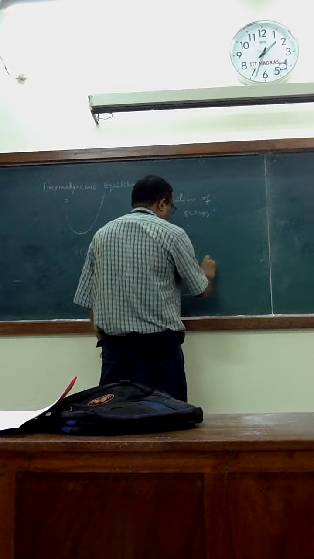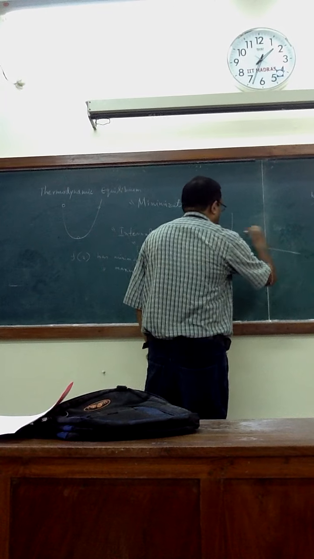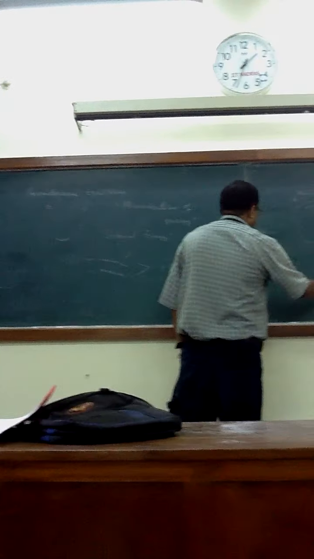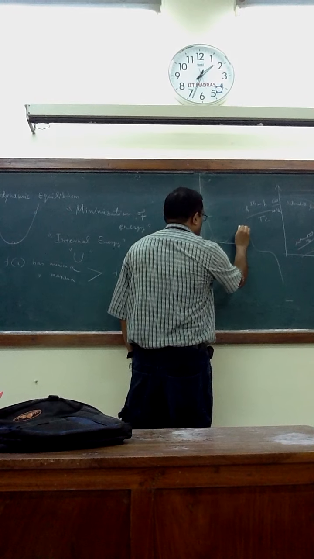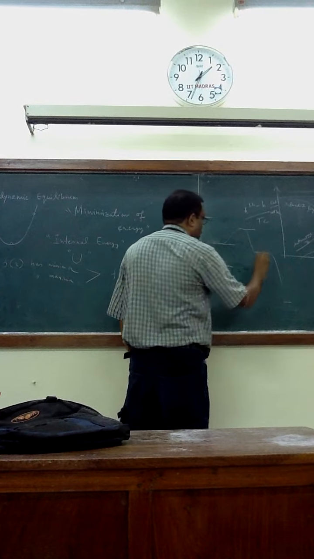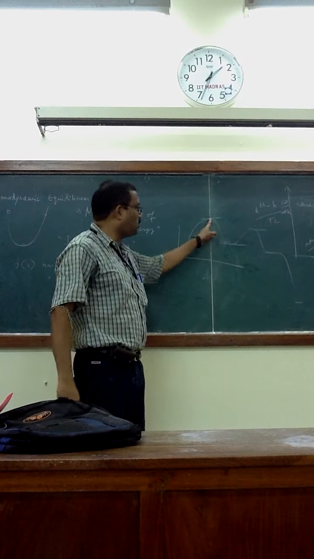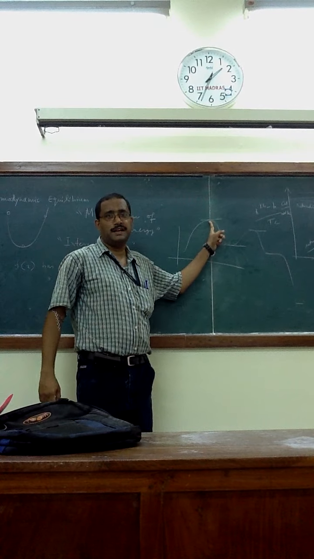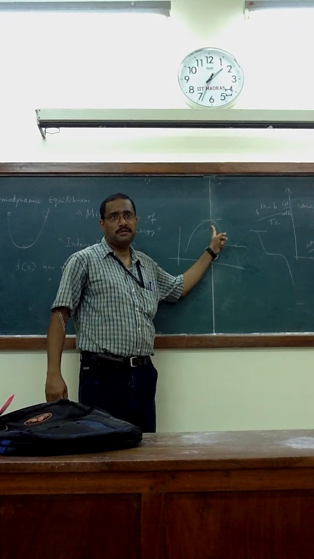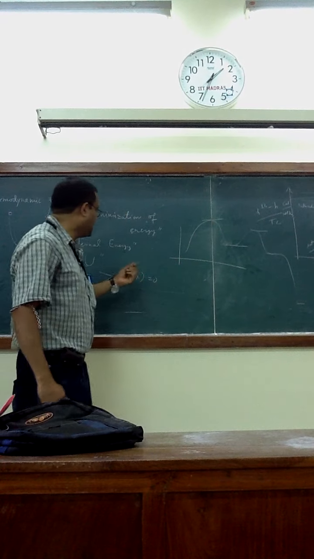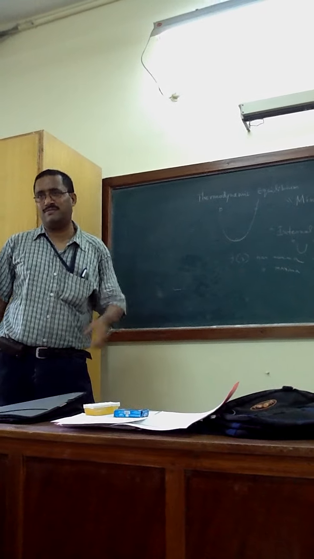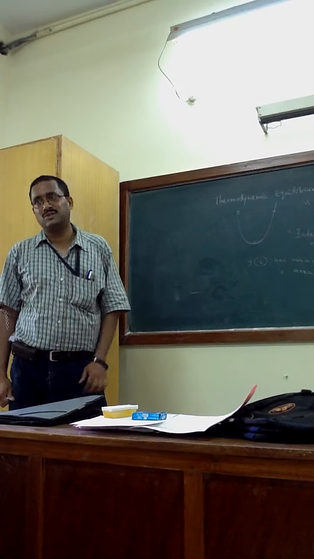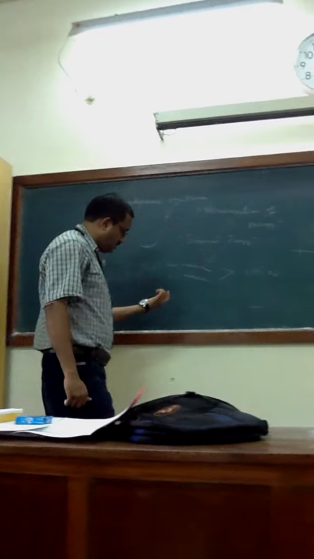Why do we check? Because in a diagram like this, this has a local maxima and this has a local minima, and if you draw the tangent, you can see that f'(x) equals 0. This is the first criterion to have minima or maxima.